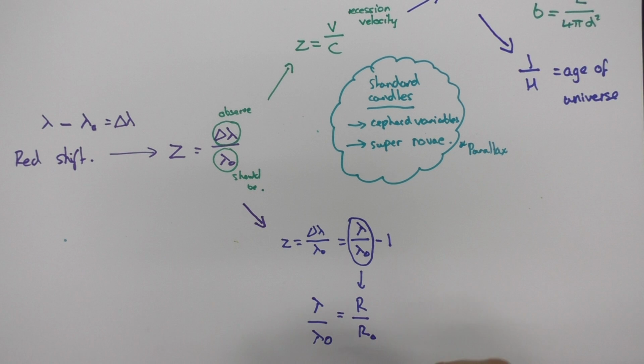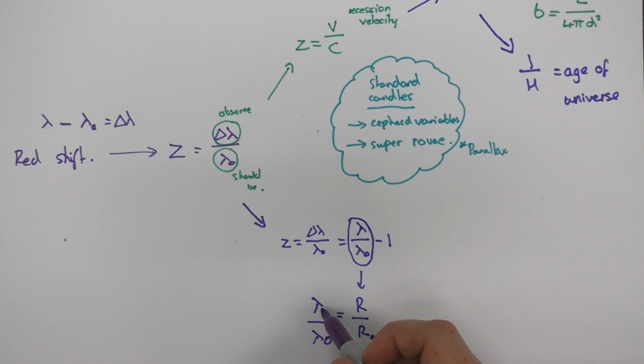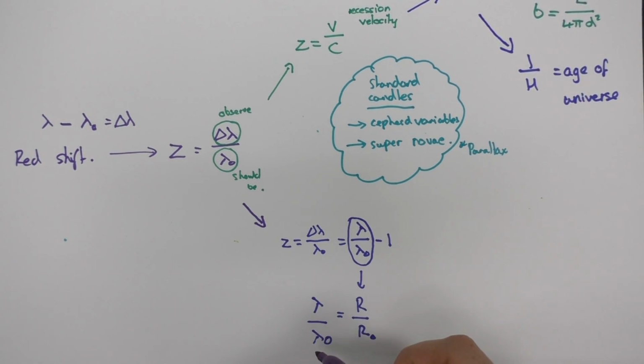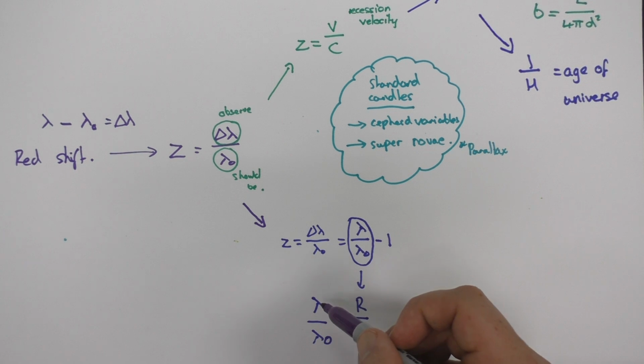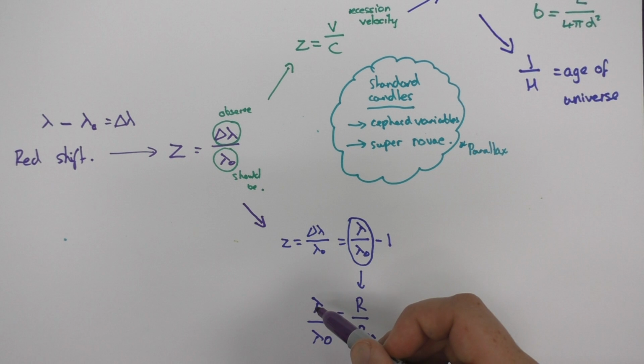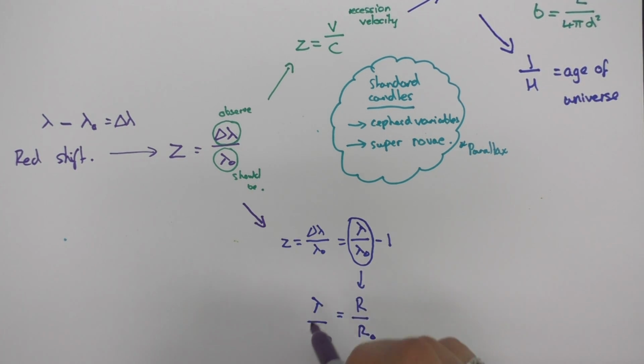Because think about it. From the previous video, we talked about the change that we observe. This is what we are observing, and this is what it was emitted as. If you think about this as a fraction, this is what we've observed now, and this is what was emitted. It's an indication of how much the universe has expanded over the time it took to create that observed wavelength.